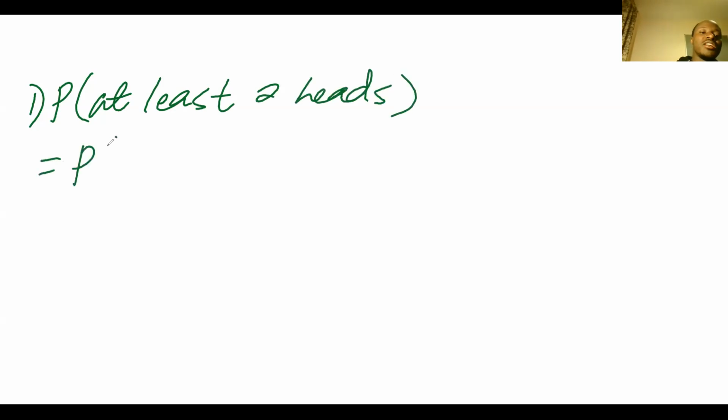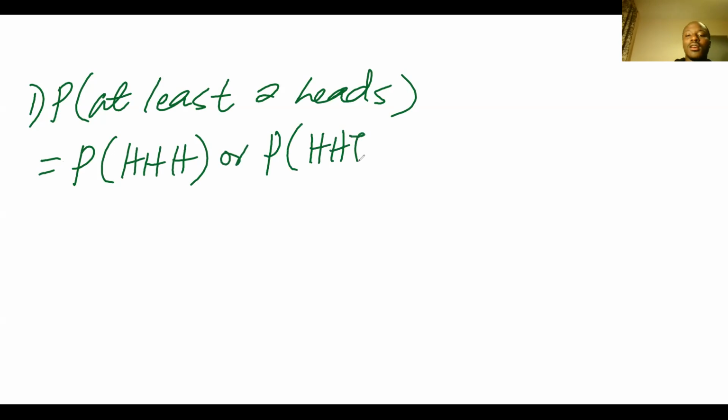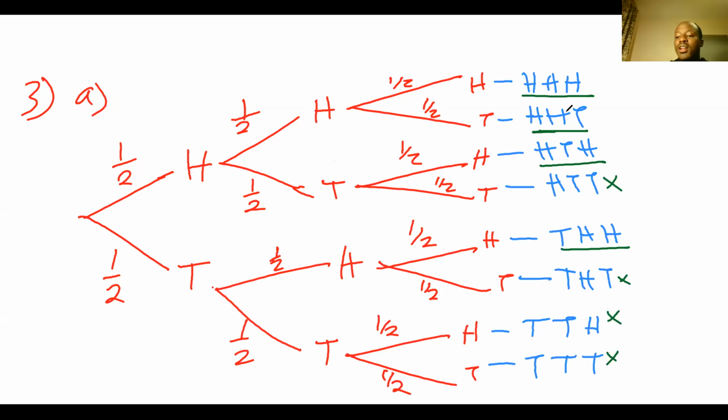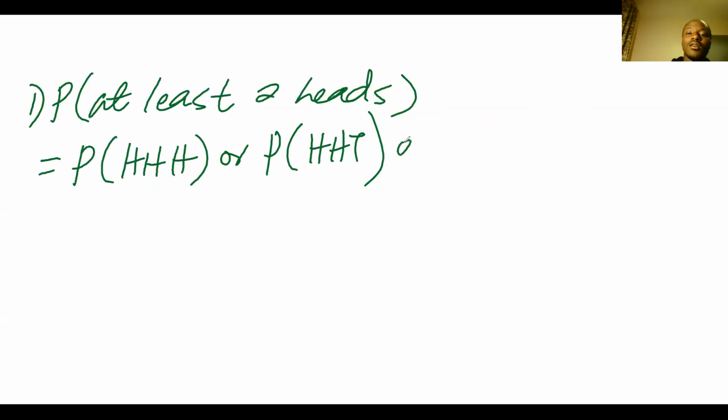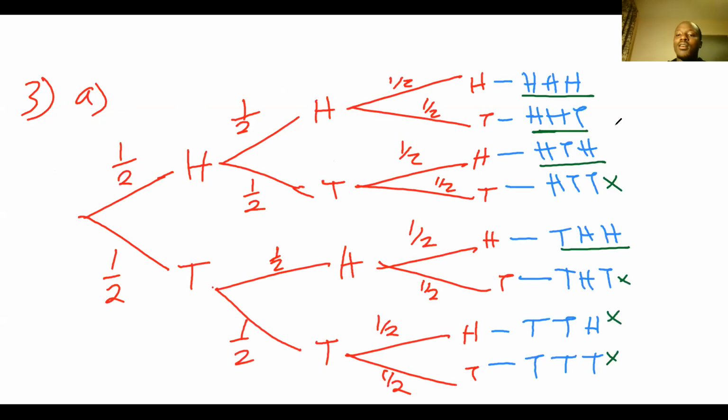given by the probability of having all the three heads, or the probability of having the first two heads and the tail, as you've seen on our diagram, this one, or head, tail, and head, or the other one, tail, head, and head.